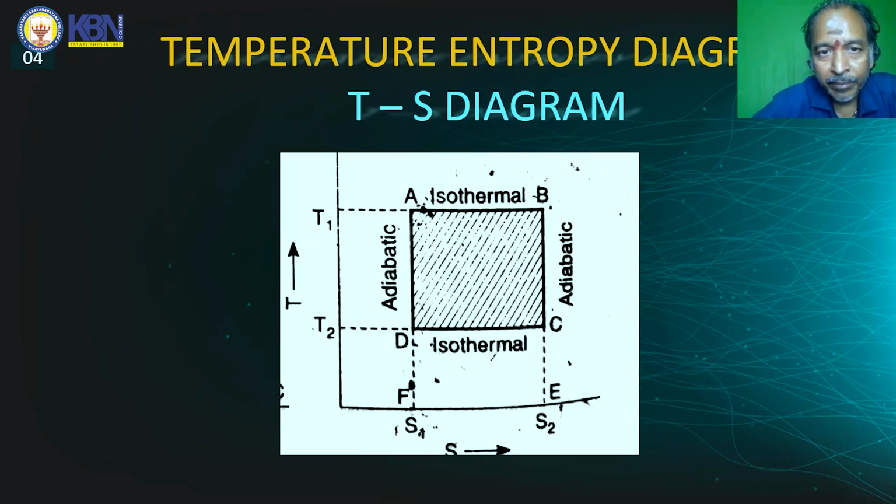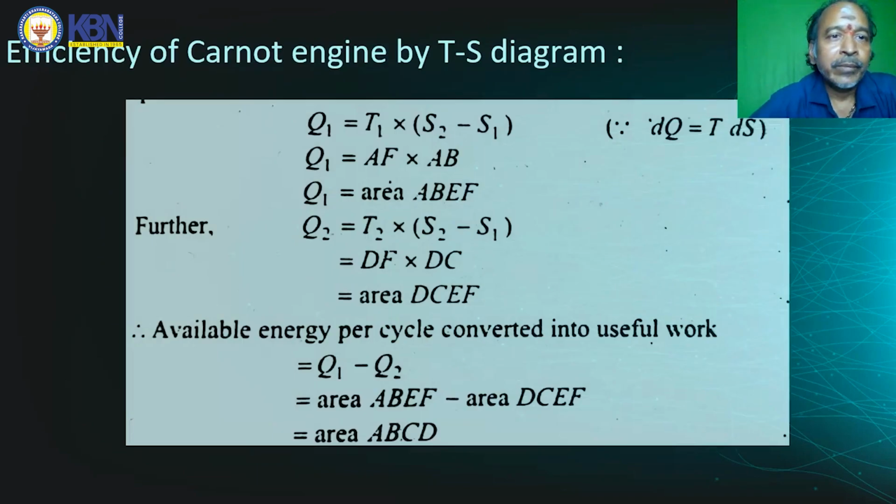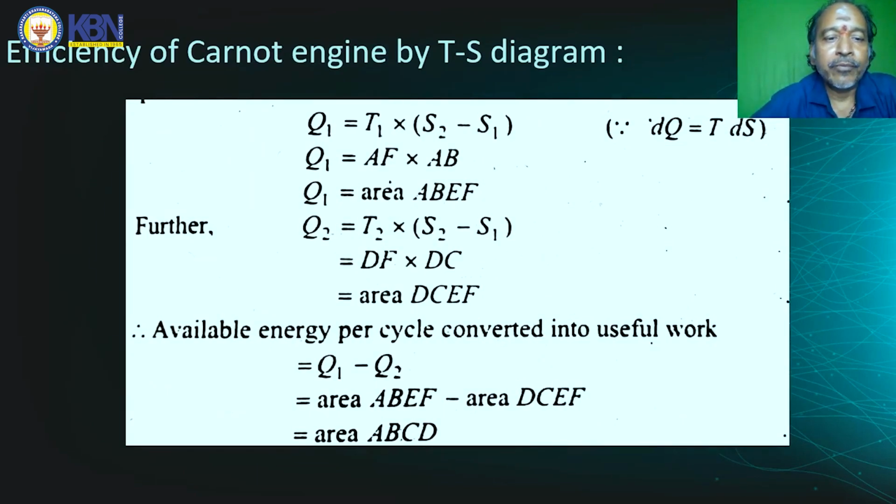With the help of the TS diagram we can also calculate the efficiency, that is eta. The absorbed heat energy is Q1 and the rejected energy is Q2, and the available useful energy is Q1 minus Q2. It is converted into work.